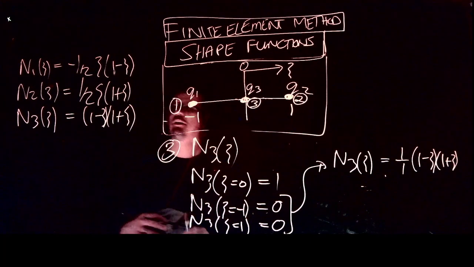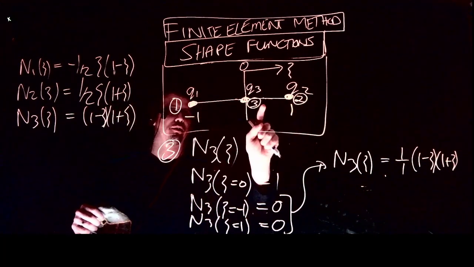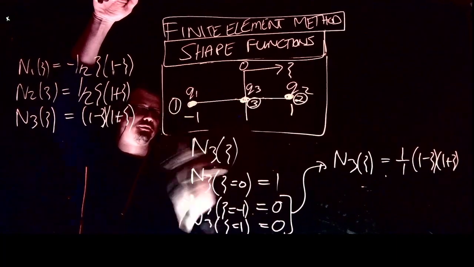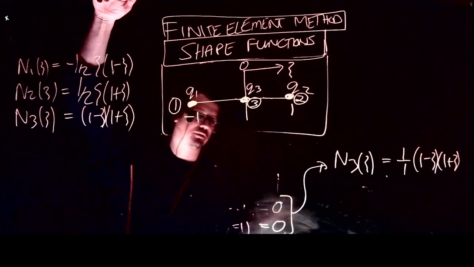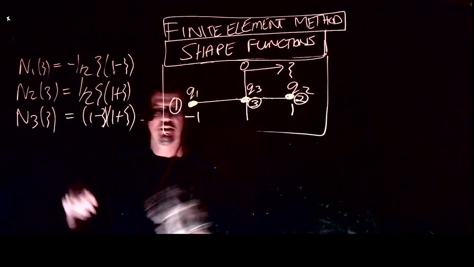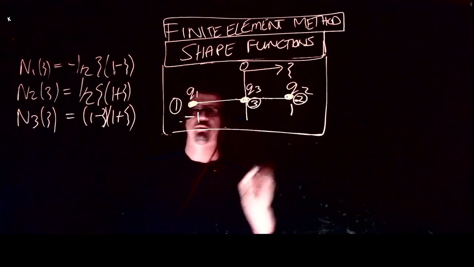And what I have here now is essentially the 3 shape functions associated with node 1, node 2, and node 3. And now to round this off, I can say the following. We're still doing good on time.